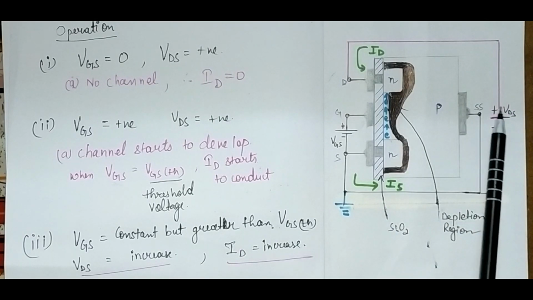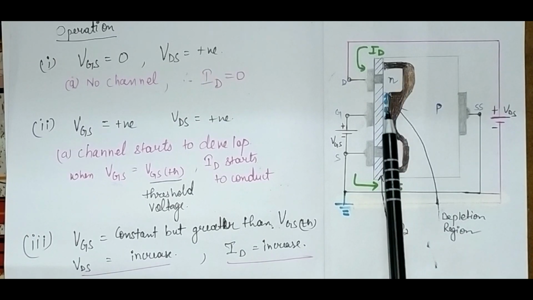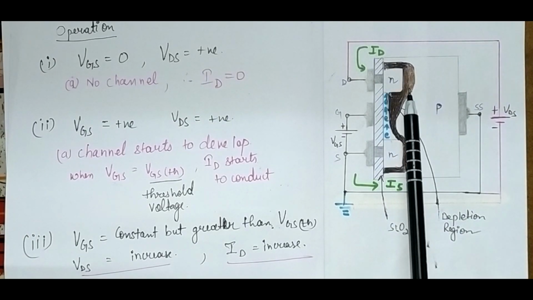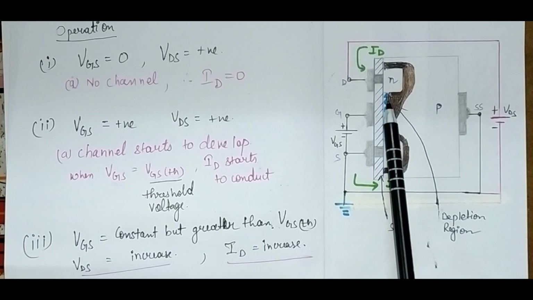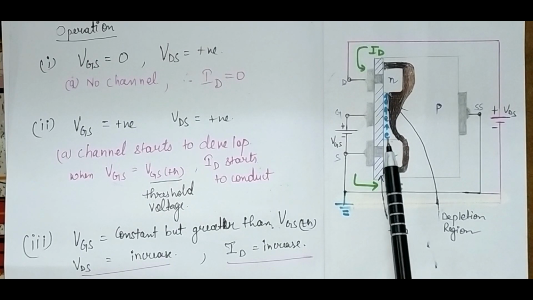So when you increase this voltage, the depletion region formed over here will be larger, and hence the channel width will reduce. If the VGS value decreases, the channel becomes narrower and ID will decrease. This happens because the depletion region across the gate is increasing.